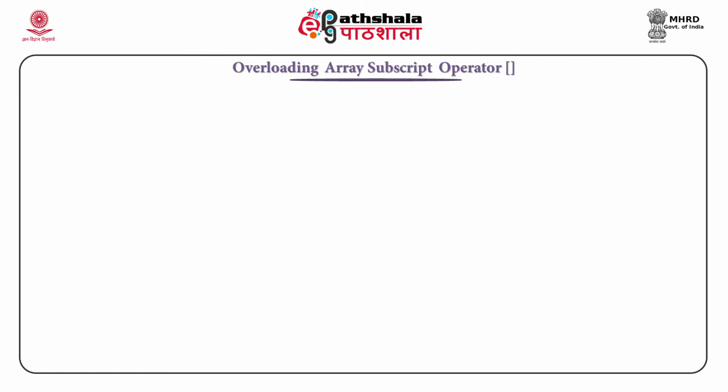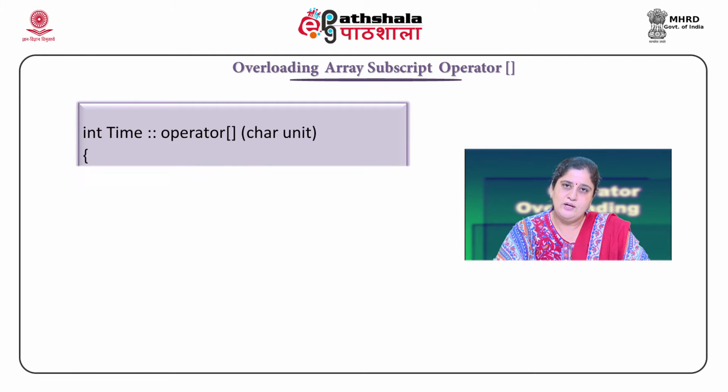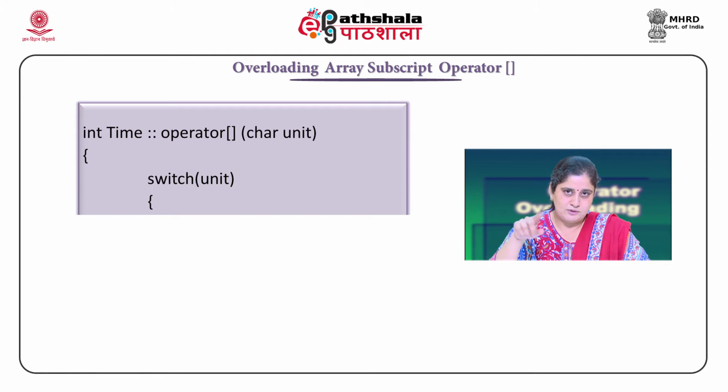Have a look at the overloaded function whose return type is int, and we are overloading operator followed by the array subscript operator, and as an argument a character variable.